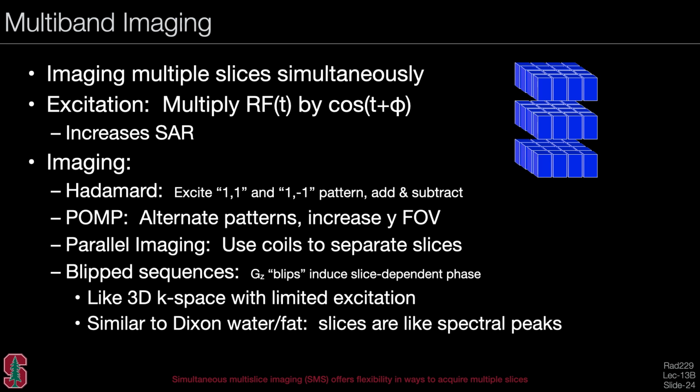We can use parallel imaging, where we use coils to separate the slices. And we can do blipped sequences, which we'll look at a little bit later, where essentially we give a small slice-dependent phase, and it's essentially like 3D imaging, but with a limited excitation range. This is actually quite similar to Dixon water-fat imaging, where the slices are like spectral peaks, and they have a different amount of phase between them.